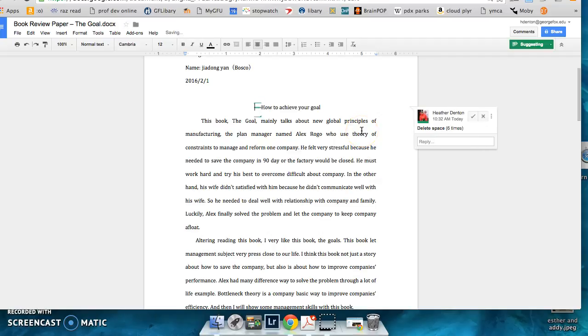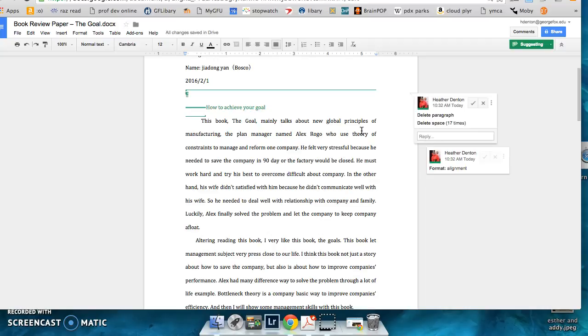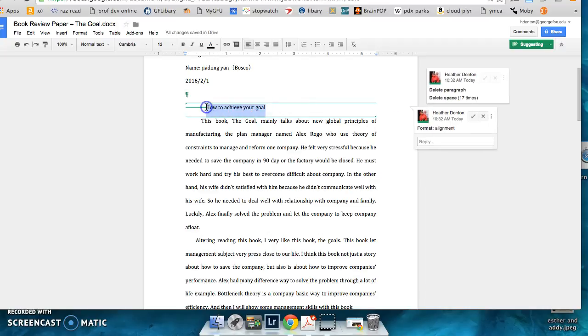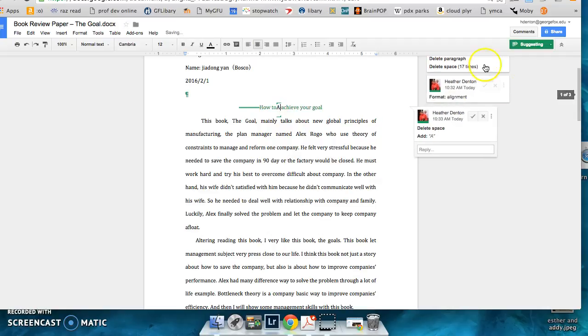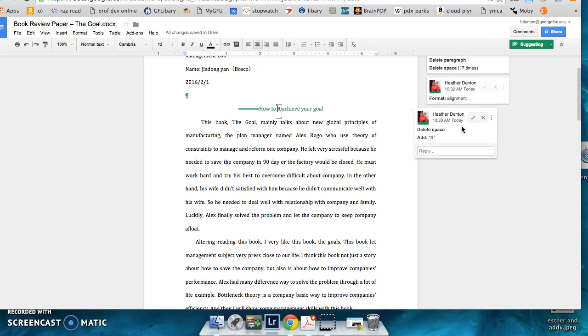So I'm deleting some spaces for the student, and what I'm trying to do is get this centered. And then also the student needs to know that they have to capitalize their title. All of these suggestions will come over here to the side, and when they go to fix them, they'll be able to just click a check.